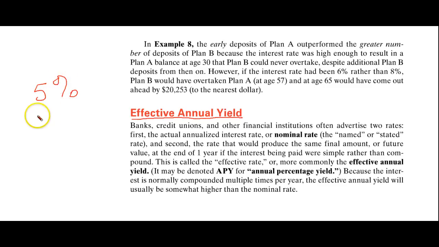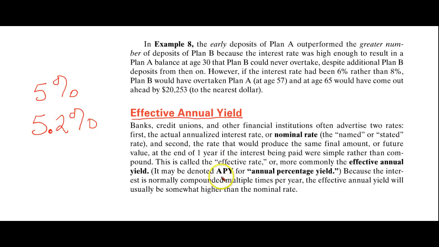If your interest is compounded, then your effective annual yield, instead of being 5%, may be 5.2%. That is somewhat higher because of the effect of compounding that we described earlier.